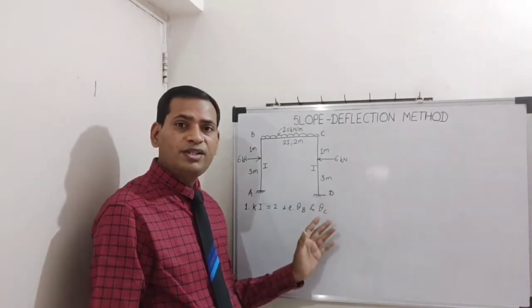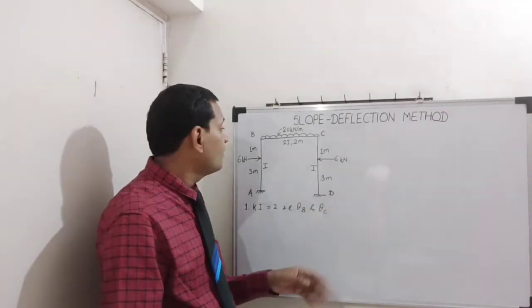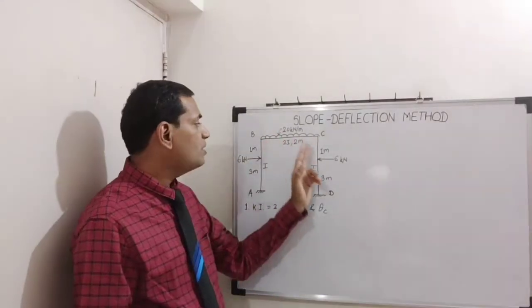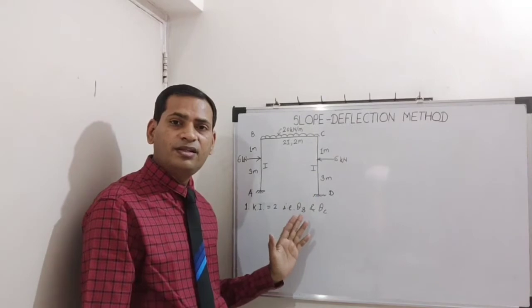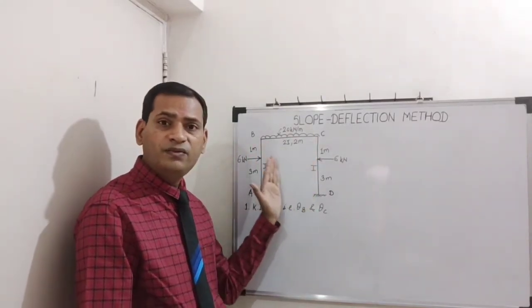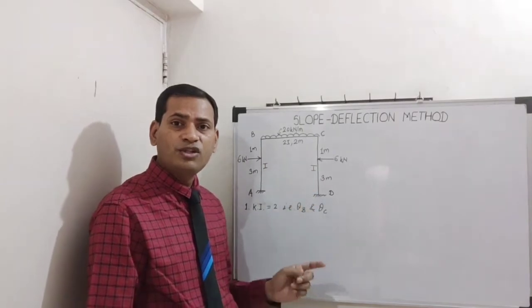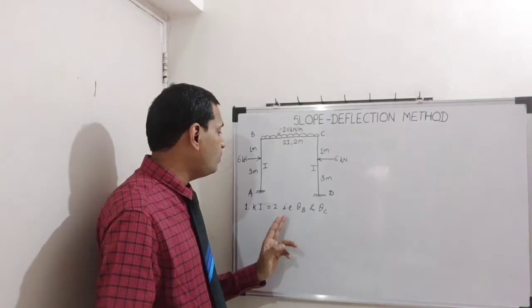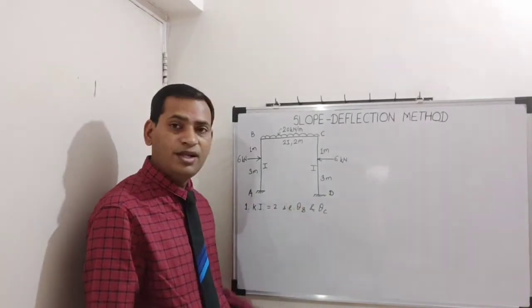So 12 minus 6 is 6. Then how many members are there? AB, BC, CD, 3. So 6 minus 3 is 3, and there is no lateral sway of the frame, so you subtract one more for sway. So 3 minus 1 is 2. Those two unknown displacement quantities are theta B and theta C.